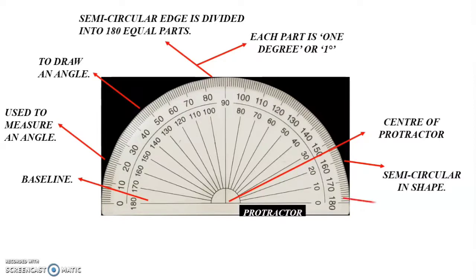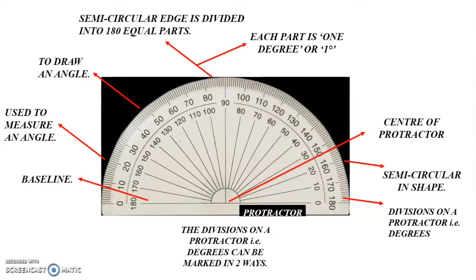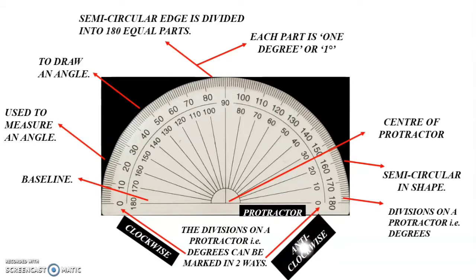Then these are the divisions on a protractor, that is degrees. And the divisions on a protractor, that is degrees, can be marked in two ways. One is clockwise and the second way is anti-clockwise.